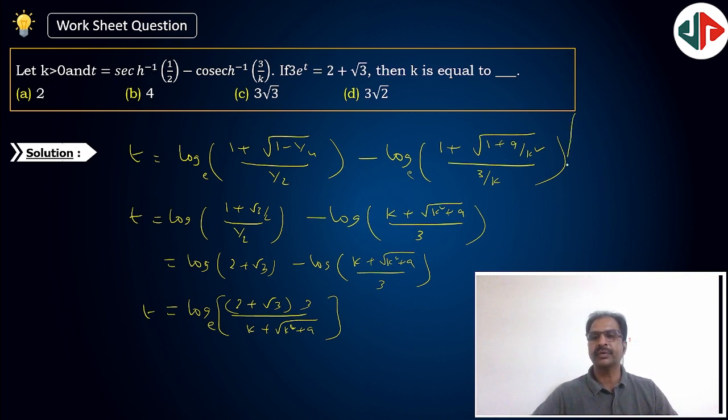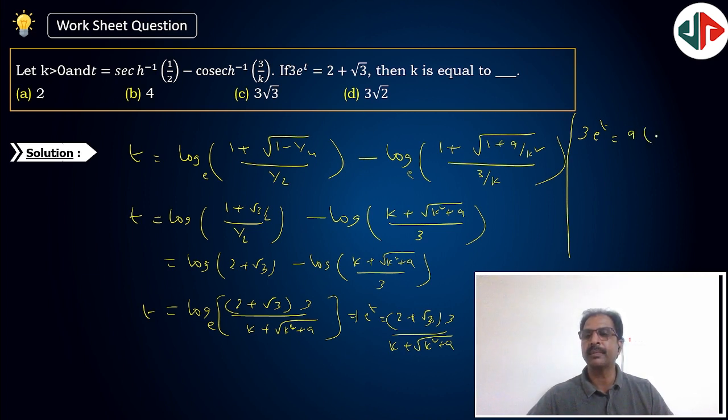So from the definition of logarithm, e power t. What is 3 into e power t? From this, e power t is equal to (2 plus root 3) into 3 by (k plus root of k square plus 9). This is e power t. 3 e power t means 9 into (2 plus root 3) by (k plus under root k square plus 9).